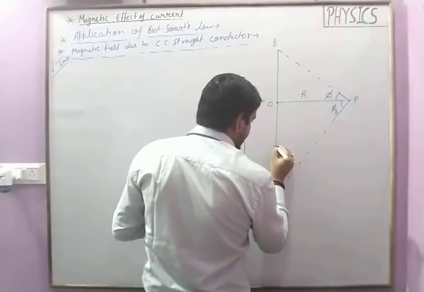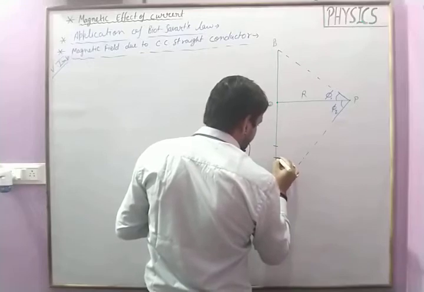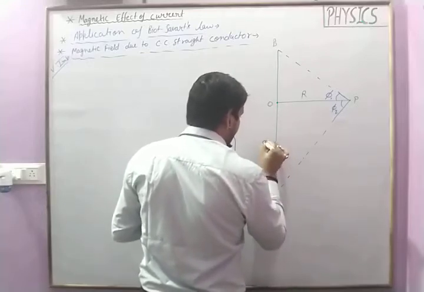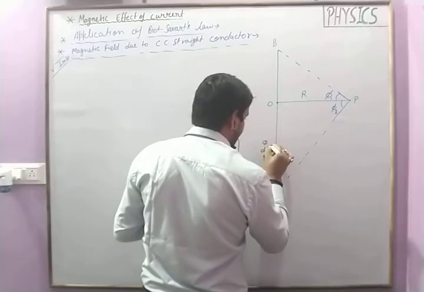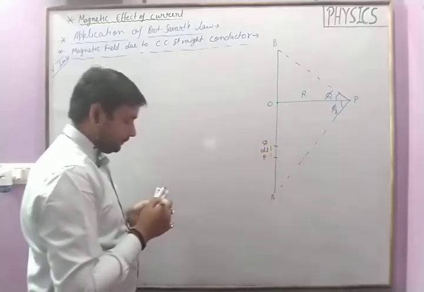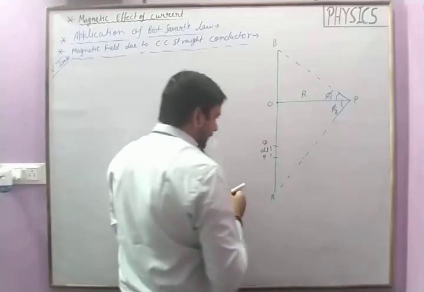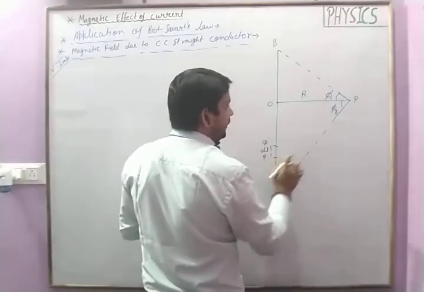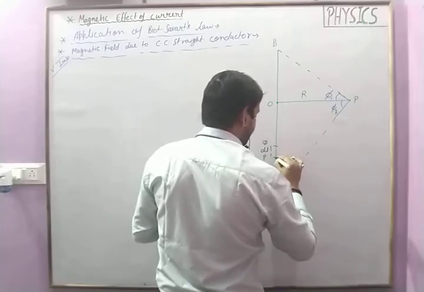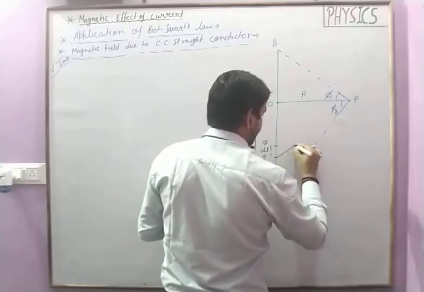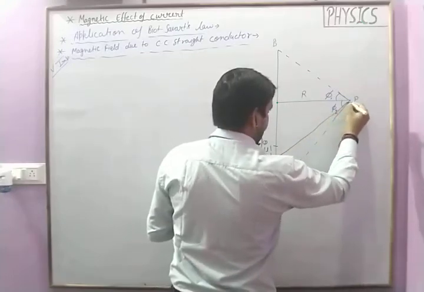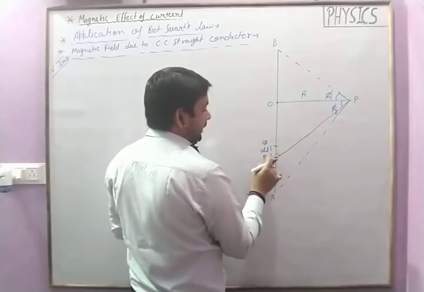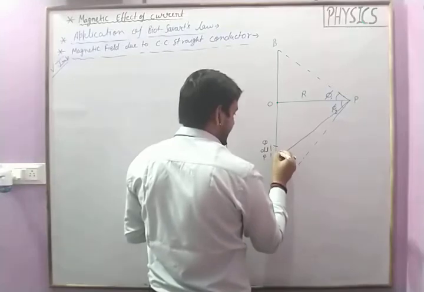Suppose this is a current element PQ of length dl. Okay, for this current element, on joining from P to Q, the angle between the current element and P is theta.